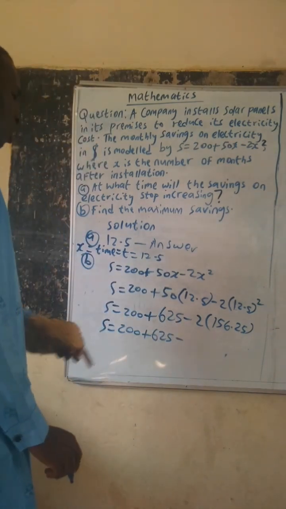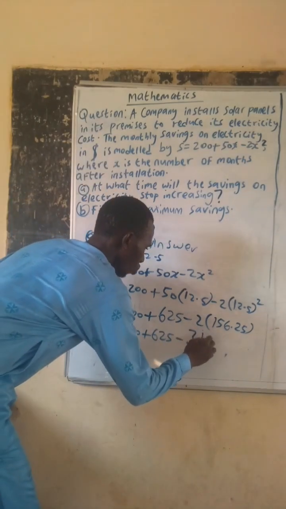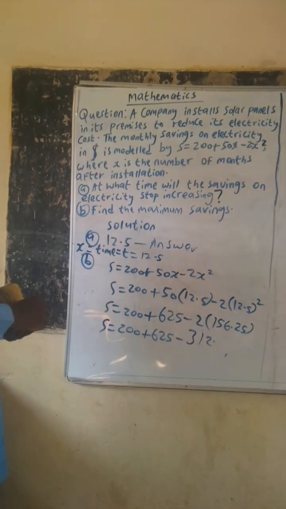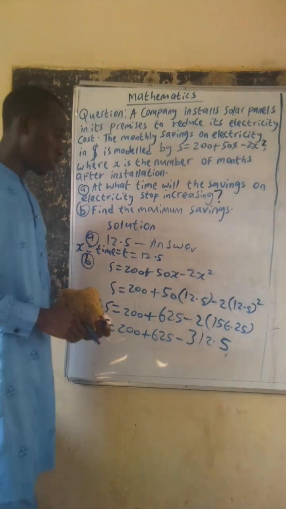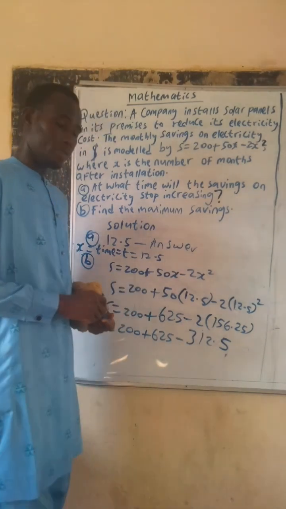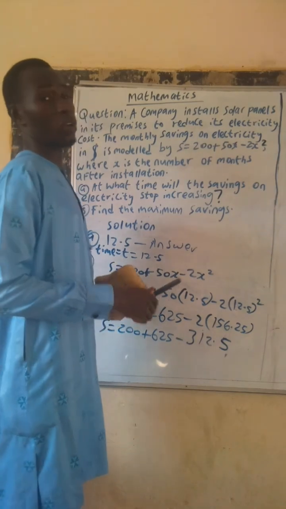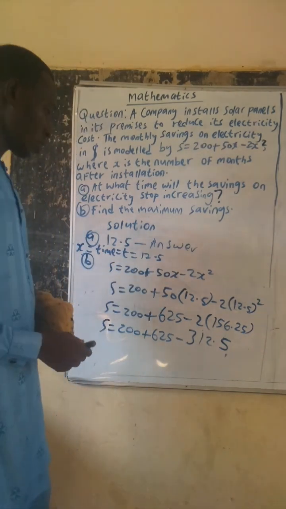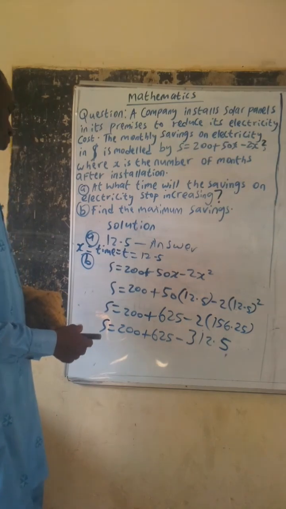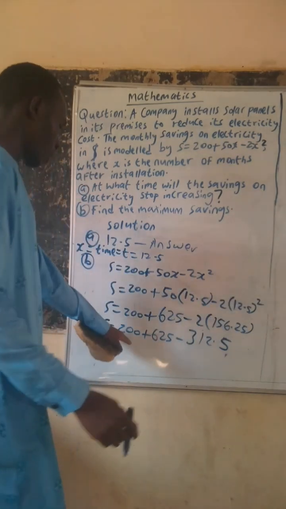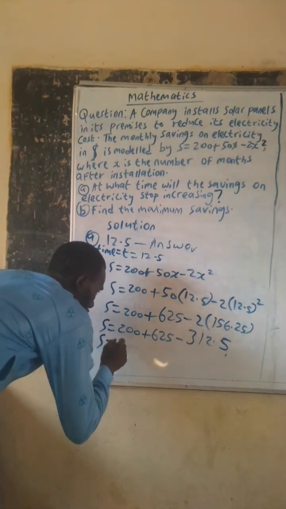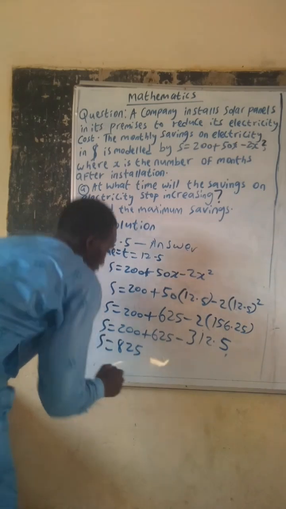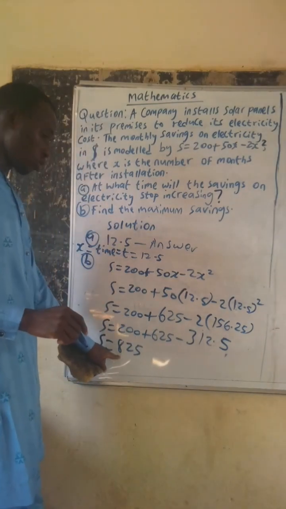You're going to have 312.5. Whether you calculate it with your pen or use a calculator, you're going to have 312.5. Now, 200 plus 625, when you add it, S equals 825.